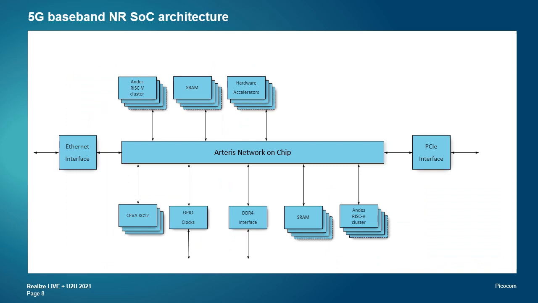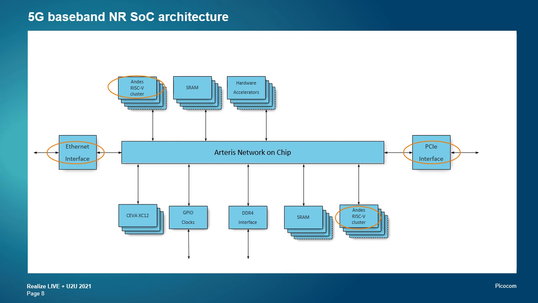The SoC has two primary interfaces used for communications. It's a PCI interface, shown here on the right, and an Ethernet interface on the left. We use two clusters of Andes Series 5 cores for protocol level processing associated with this interface and various other tasks.